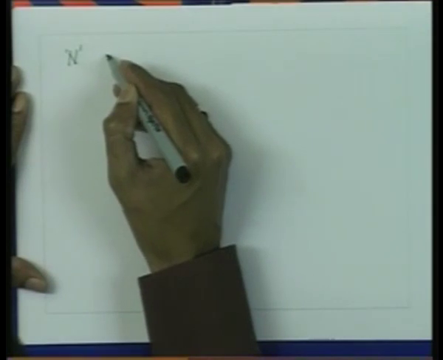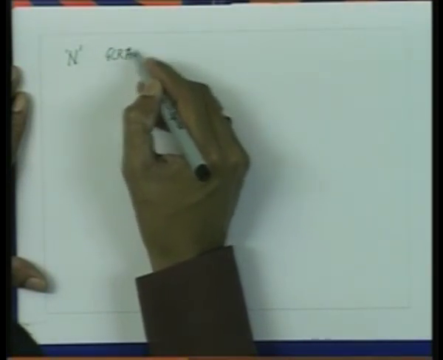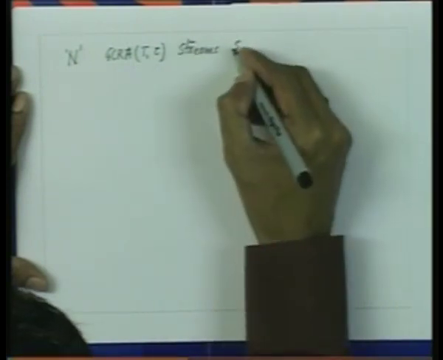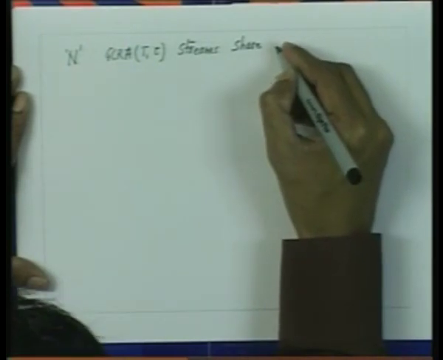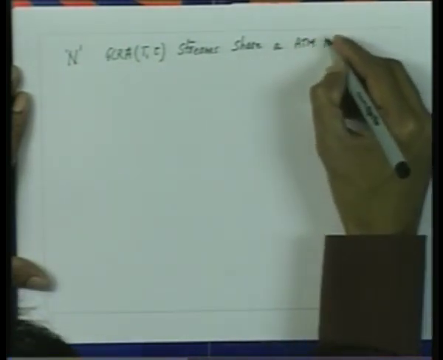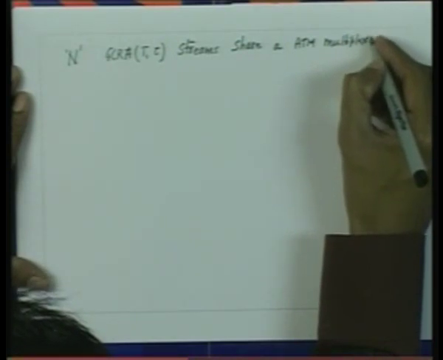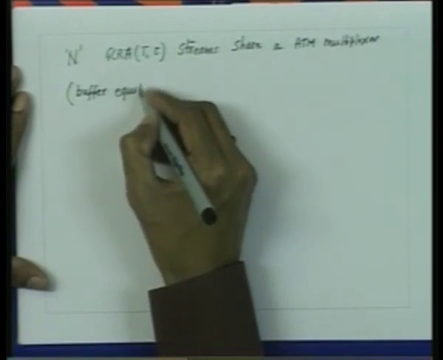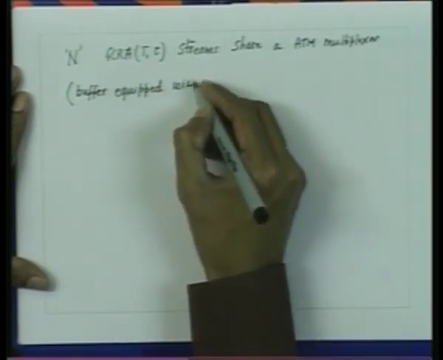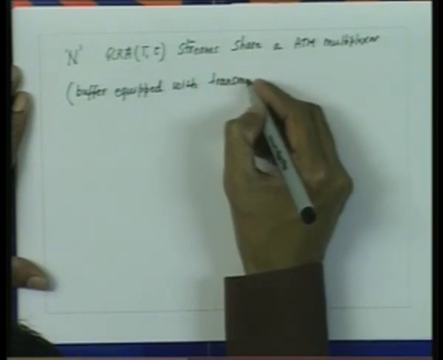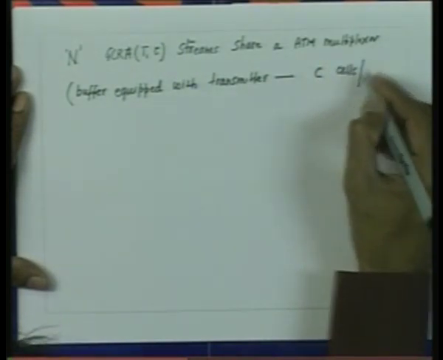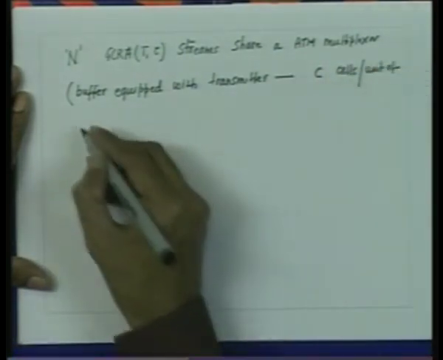Okay. So, now we would like to determine an admission control policy. So, we are saying that n such GCRA (T, tau) streams share an ATM multiplexer, which is basically a buffer equipped with a transmitter which transmits at C cells per unit of time.